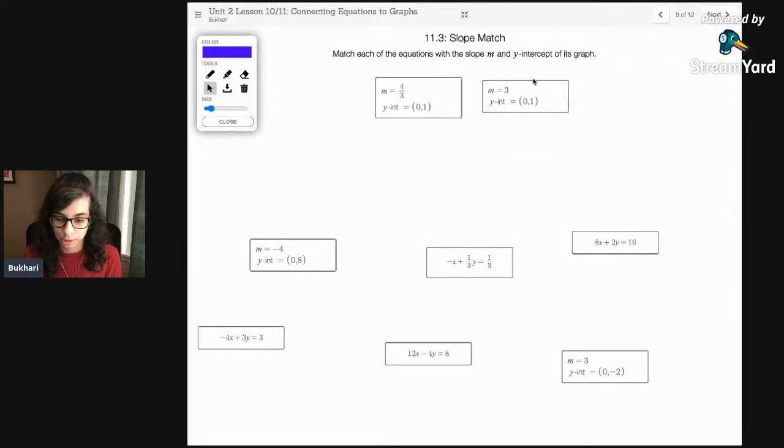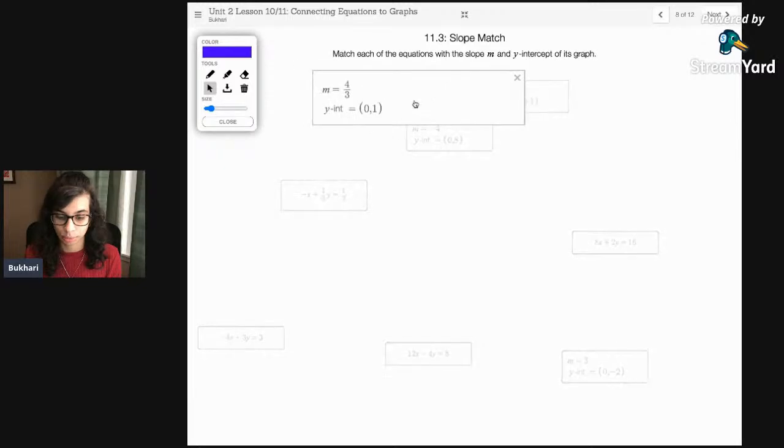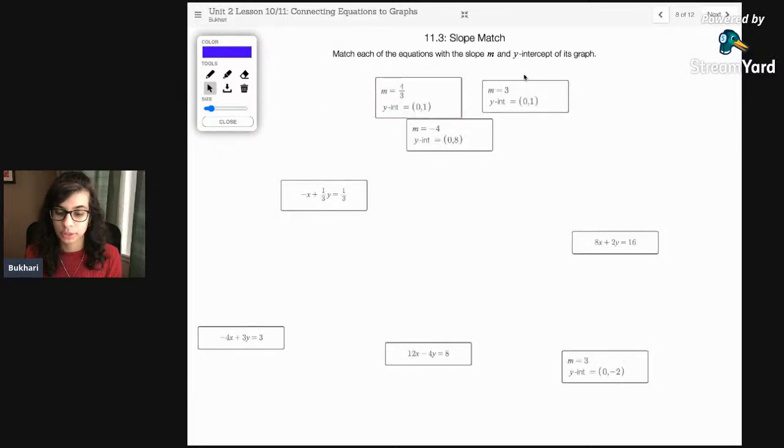And last but not least, just some extra practice with sorting out your equations and seeing what your slope is and your y-intercept. Slope is usually represented by an m. So that is your slope and then your y-intercept. Remember, if you're struggling with anything, make a table, right?